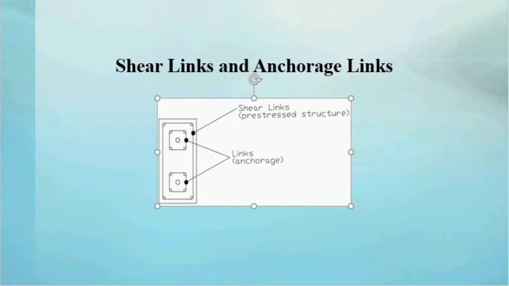Okay, the links to sustain the bursting force are these anchorage links, and we can also use the shear links that we usually design in the conventional design of beams.